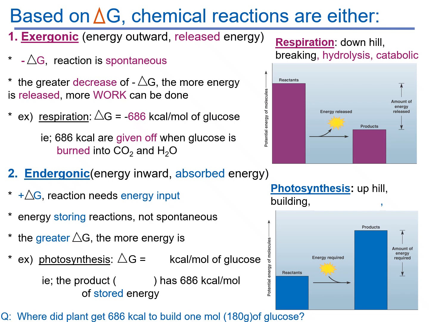So photosynthesis is an example of an endergonic reaction. We'll go into more detail on photosynthesis in chapter 7. So delta G is positive 686 in photosynthesis. 686 kilocalories per mole, which is the molecular weight of some material in grams.